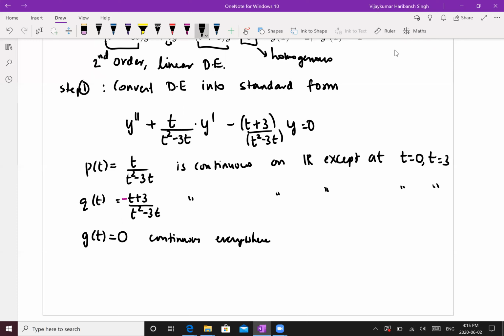So what are the intervals we have gotten? The intervals are such that if you consider each individual interval, then the function is continuous.